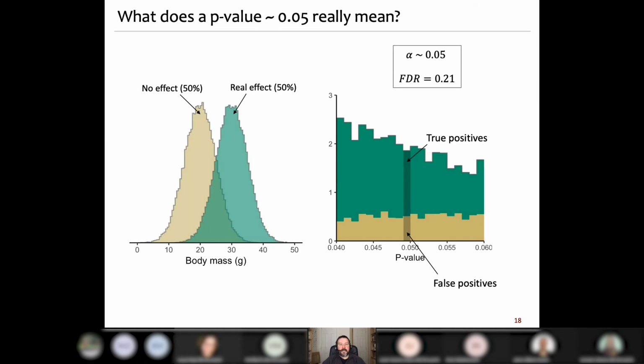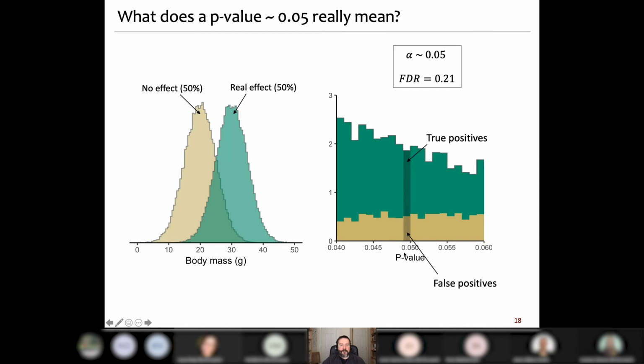The next question we might ask ourselves, what does a p-value of 5% really mean? Let's assume that you get a p-value which is very close to 5%, 4.5% or so. If you do the simulation with 50-50% effect where false discovery rate is well under control and plot the range near a p-value of 5 and select just one bin here, you can see these are true positives, these are false positives.